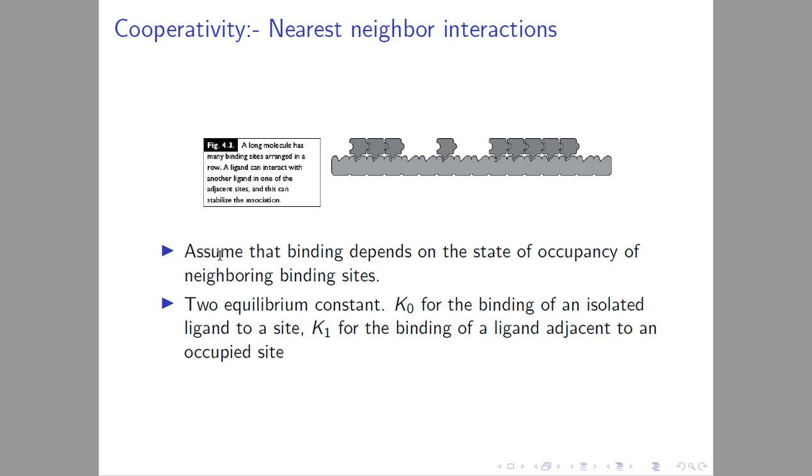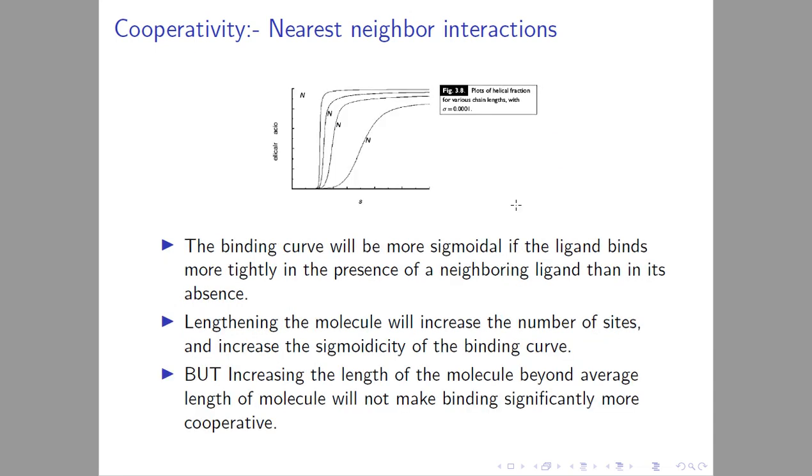Here we can see that the ligand will quickly bind to the next neighbor rather than to a lonely site. So we have K0 for the binding of an isolated ligand, and K1 is the binding adjacent to the occupied site. These are from our textbook, figure 3.8.